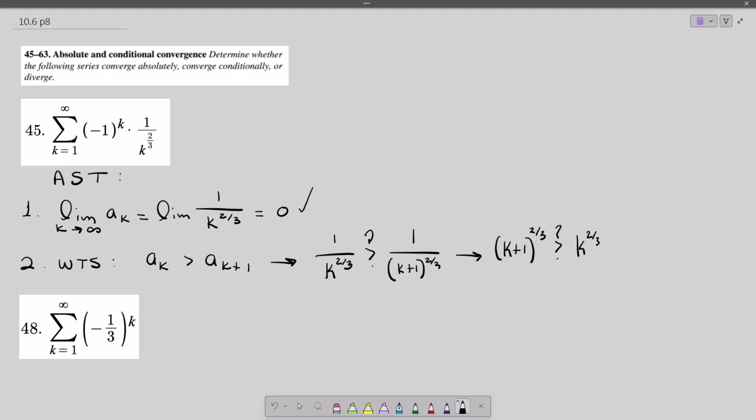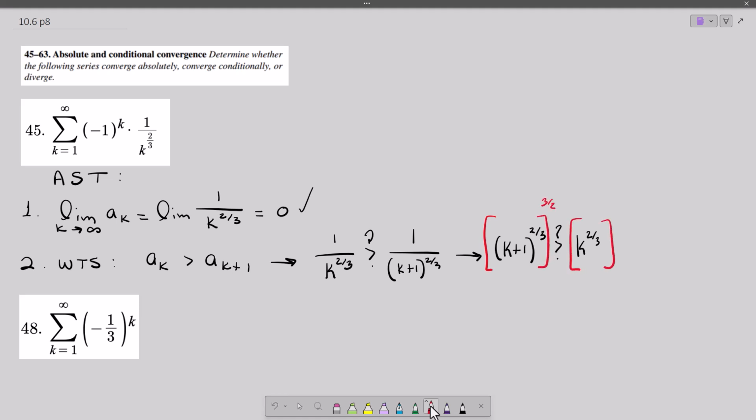So everything is positive, so we can take square roots, we can take cubed roots, we can do whatever we want. We can raise both sides to what power? 3/2 power. So if we raise both sides to the 3/2 power, isn't that going to eliminate these exponents?